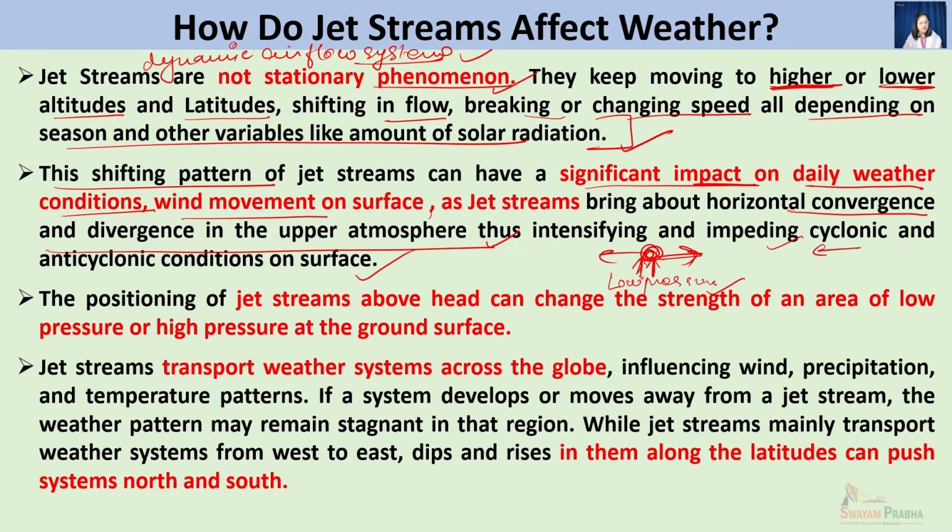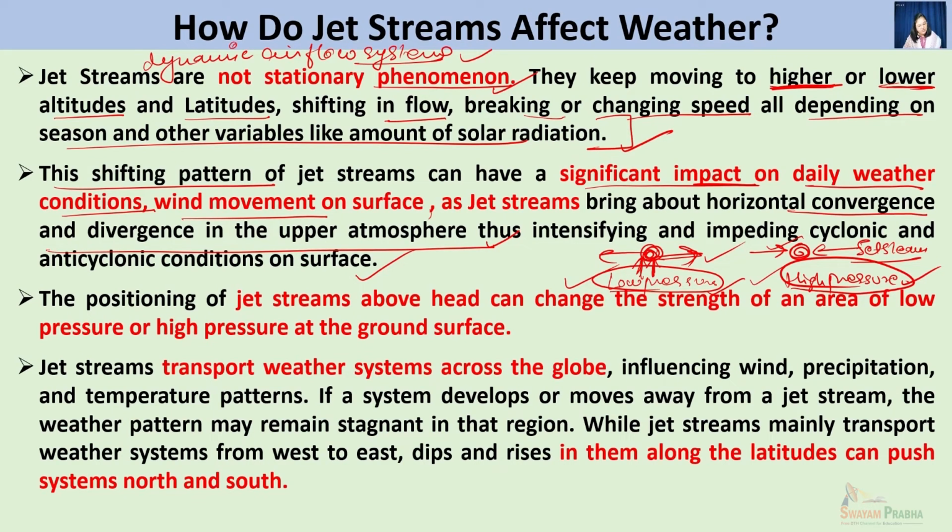Contrary to this, if you have convergence in the upper atmospheric regions, generally on the surface you have high pressure conditions, and these jet streams help in intensifying the high pressure conditions or anticyclonic systems or low pressure systems or cyclonic systems on the surface, depending upon whether they are located on areas of convergence or divergence in the upper atmosphere.